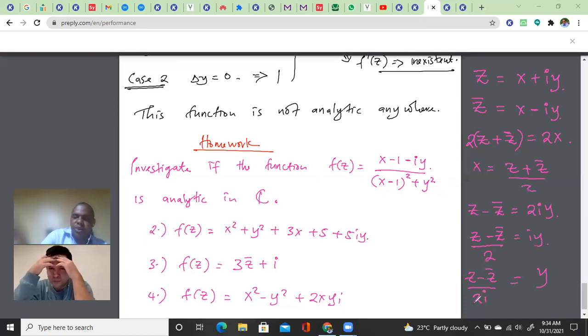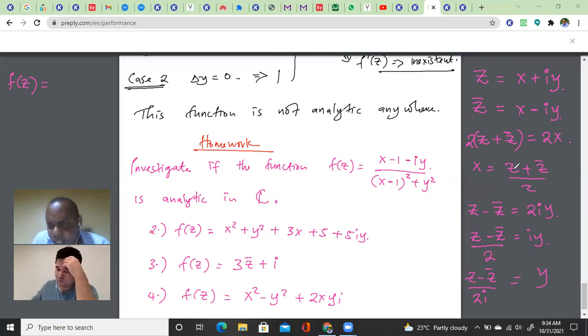So you have to replace the x and the y with the z and the z bar to make it a function of z. So f of z equals, we just saw that x is z plus z bar over 2, right? Yes. Then you have minus 1.